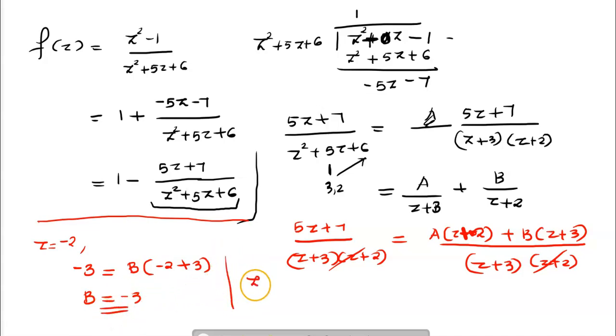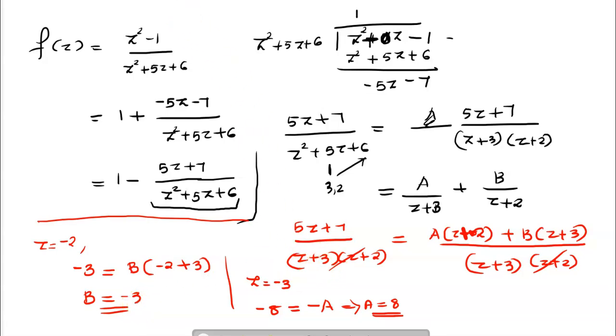Now put z = −3: −15 + 7 is −8, equal to A(−3 + 2) = −A, which implies A = 8. So A = 8 and B = −3.